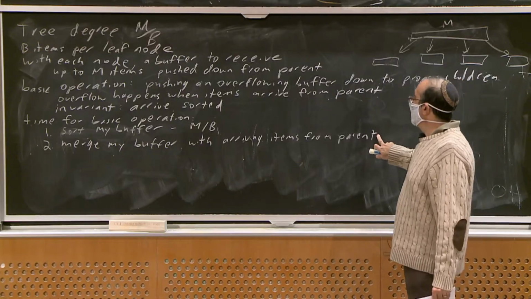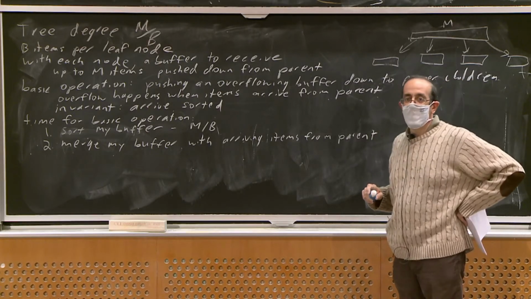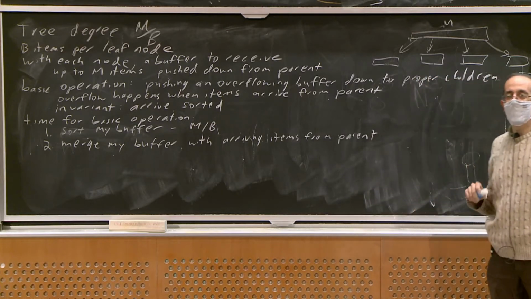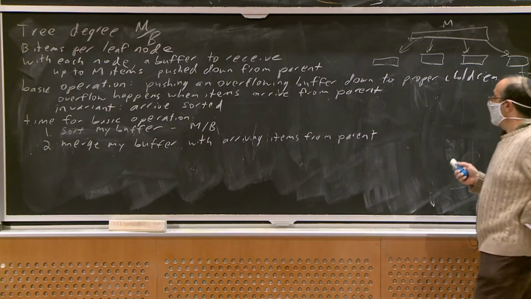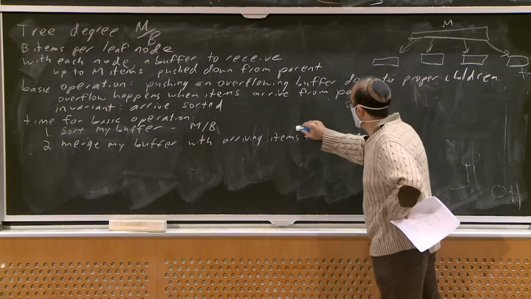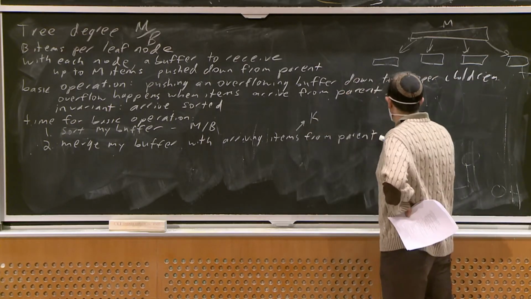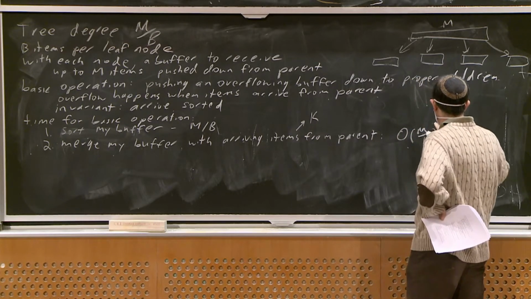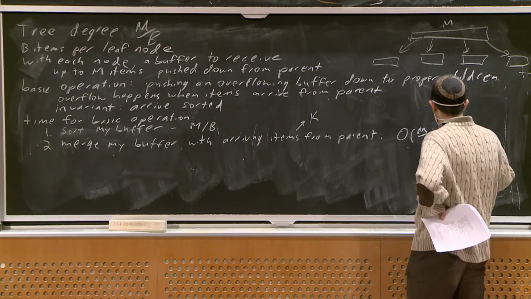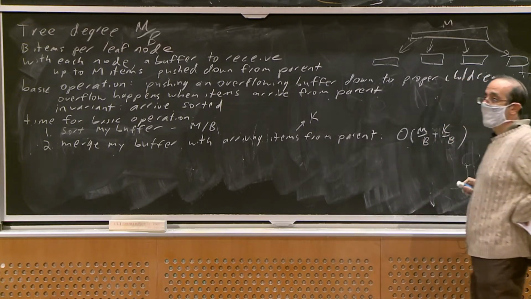Now, merging this buffer with the items that arrive from the parent, well, that depends on the number of items that arrive from the parent, right? So let's use k for that. And that's going to cost me m over b plus k over b, because the merge is linear.